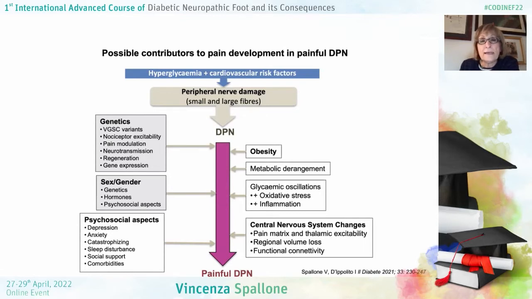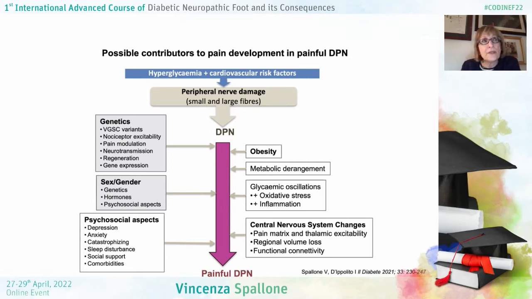And it is possible that genetic changes related to sex and gender, psychosocial aspects, or also metabolic abnormalities can play a role and can change the progress of polyneuropathy toward painless or painful form.